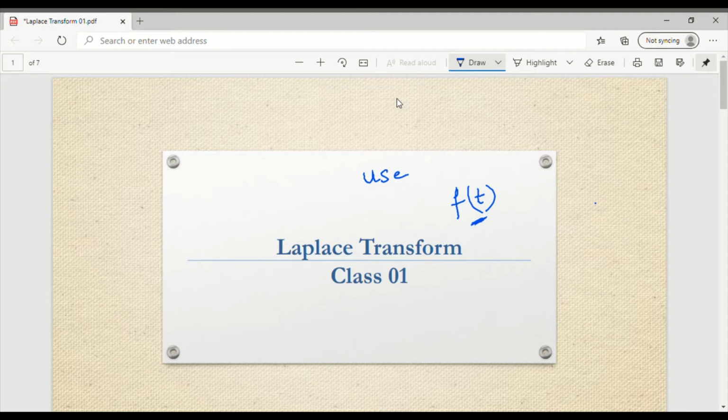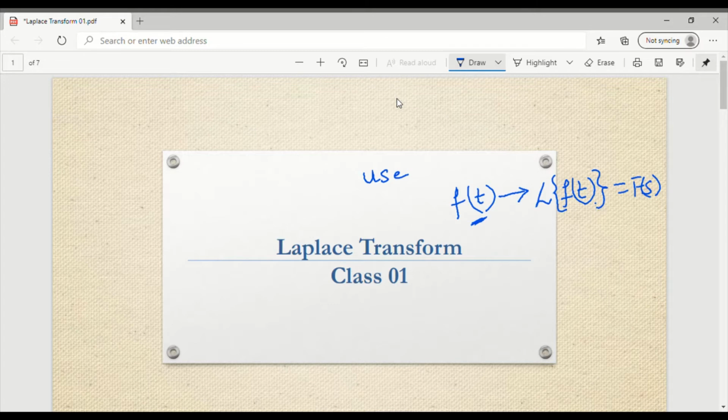So for that we want some transform so that we can transform this function into some other domain, that is called the frequency domain, so it will be easier to study and use the function.